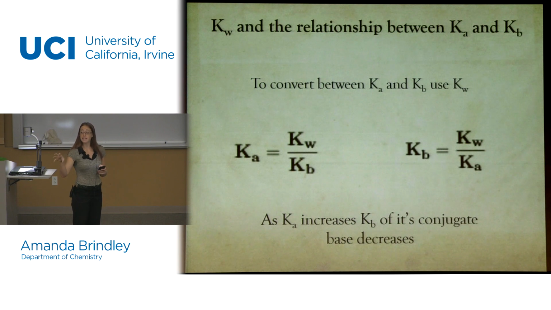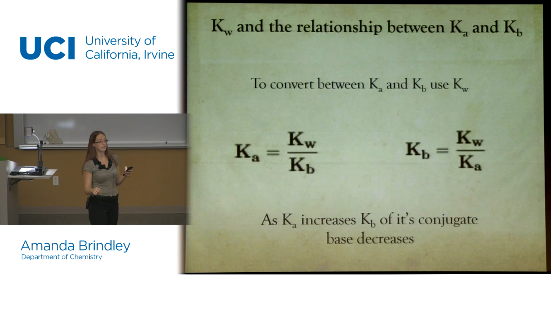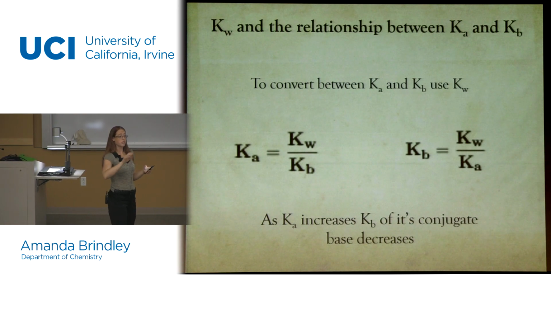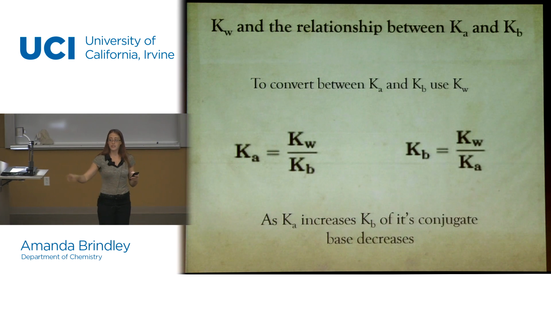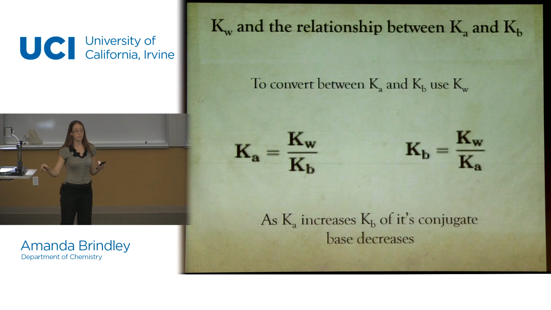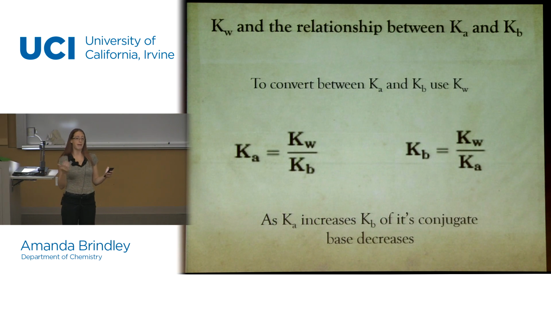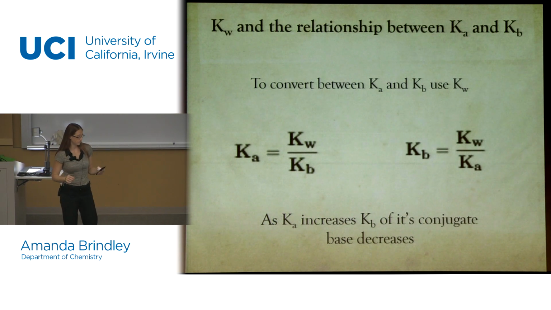The conjugate base is weak. A strong acid has a weak conjugate base, and vice versa. And that makes sense. If an acid wants to lose its proton, it wants to get rid of it, that conjugate base isn't going to want to pick up that proton, almost by definition. And this shows you just the mathematical way of looking at that too.